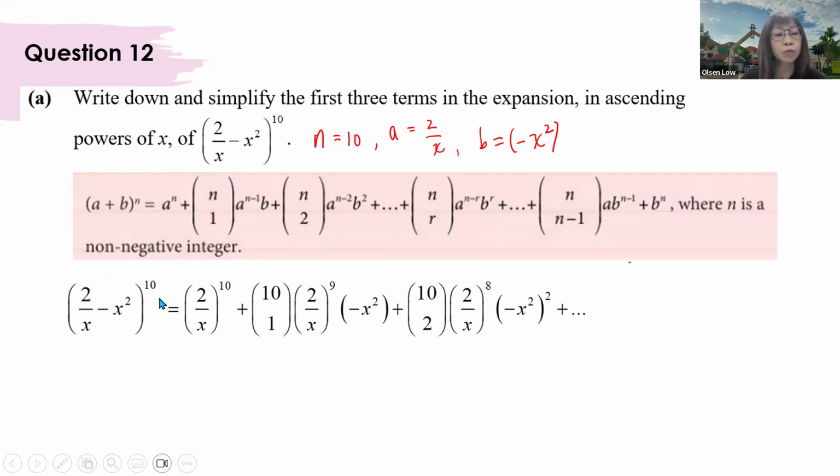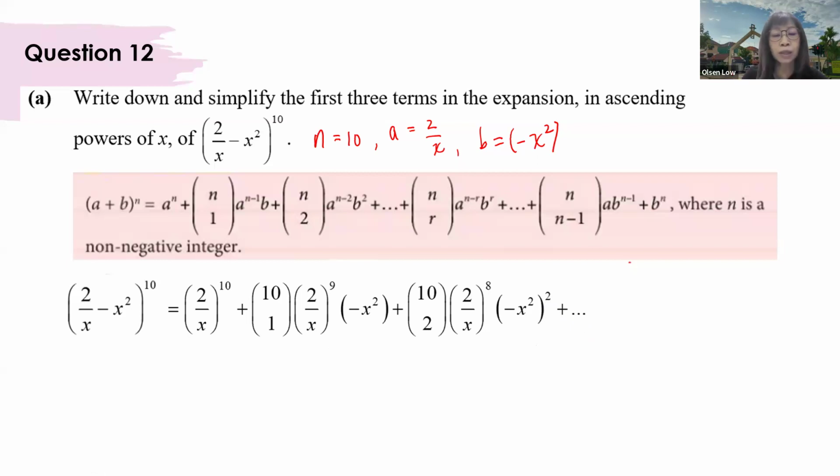What is important to also take note of is that since the index is 10, if I list out all the terms here, there should be 11 terms. But since the question only asks for the first 3 terms, I just need to list out 1, 2, and 3 terms. Because I did not list out all, it is also critical to have the plus dot dot dot to indicate that there are more terms after that.